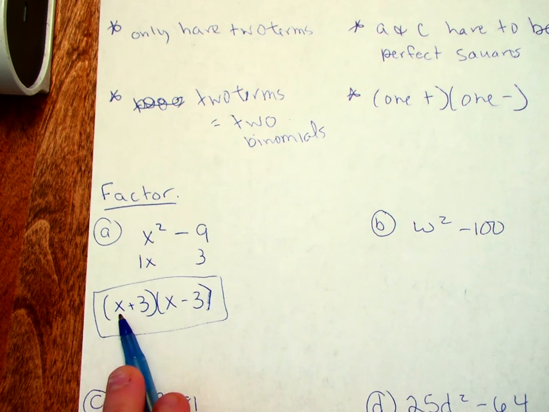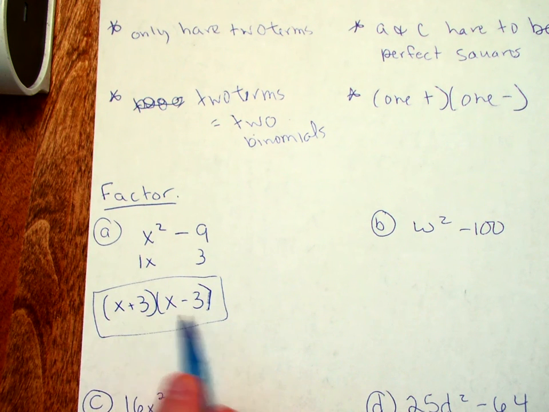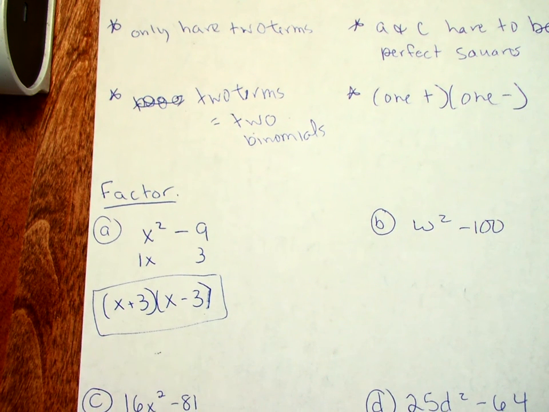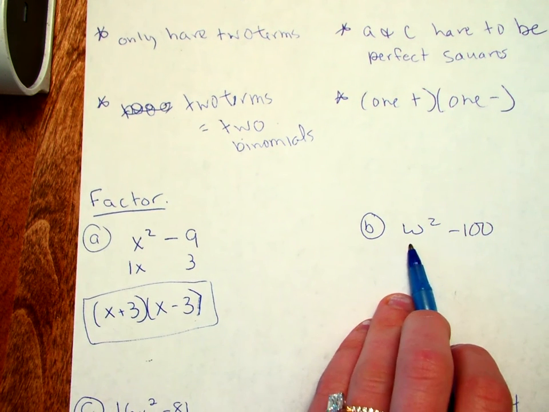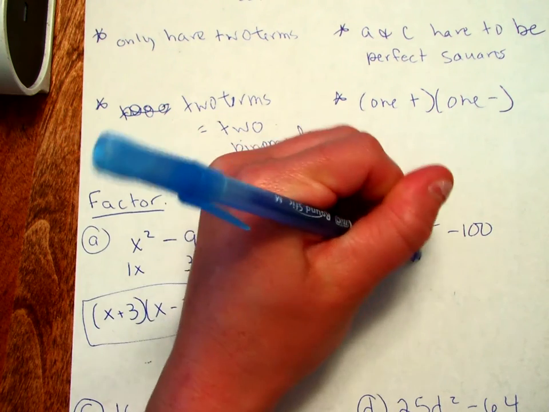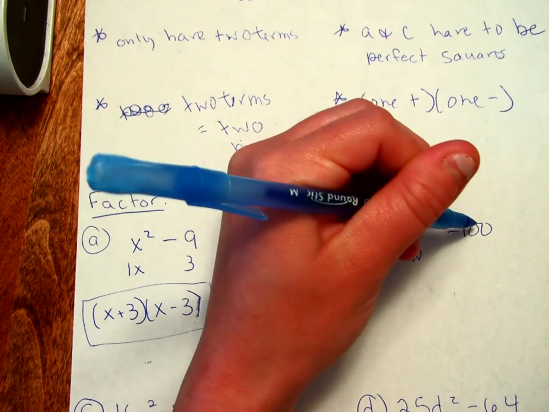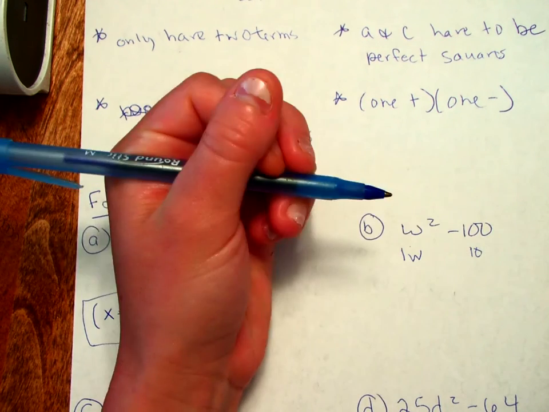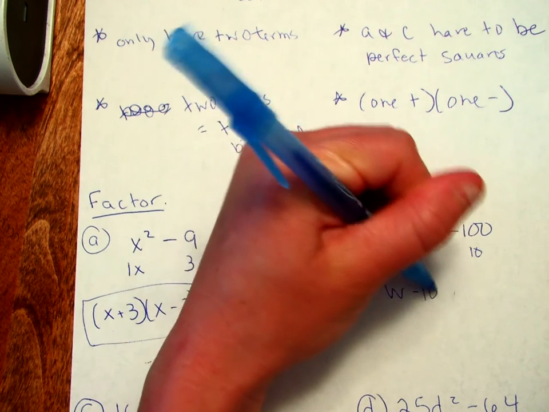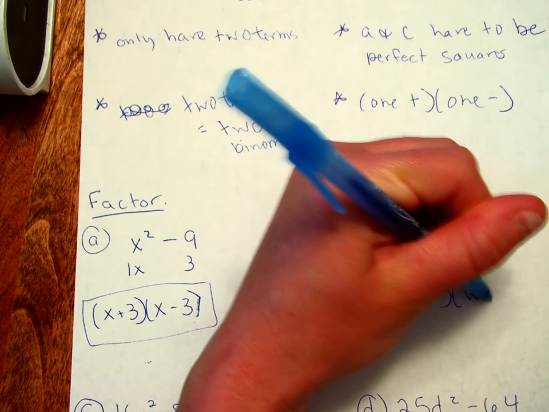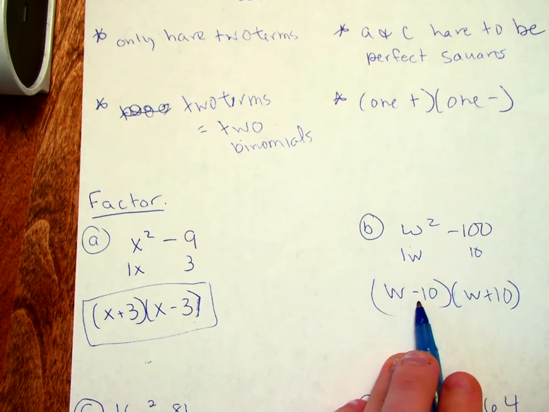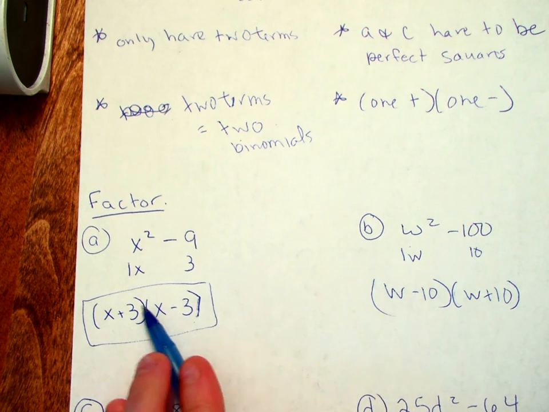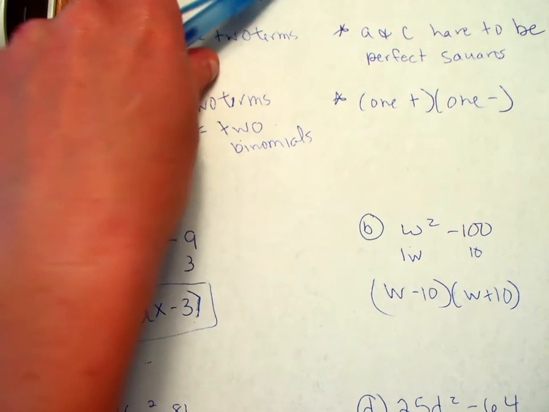Because when you factor that back out, x squared plus 3 minus 9, middle terms cancel. Good to go. This next one, again, 1w because 1's your perfect square. Perfect square of 100 is 10. W minus 10. W plus 10. So it doesn't matter if the subtraction sign's first or the addition. Either way, I'm good with it.